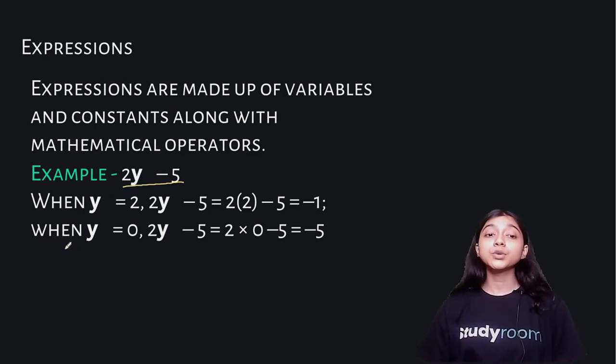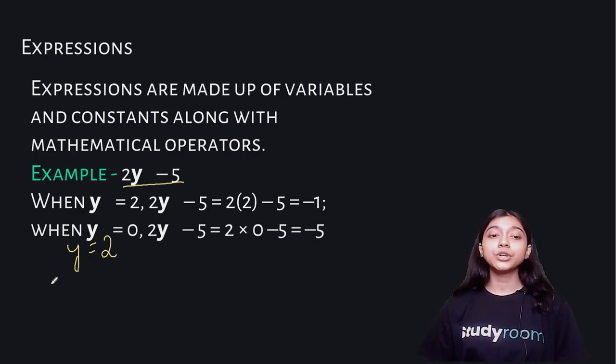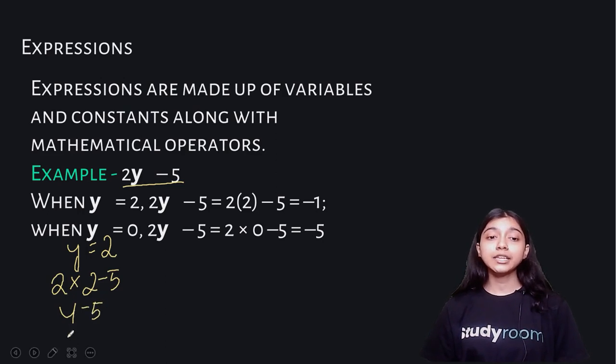The first thing we'll do is put the value of y equal to 2 in the given expression. So when we put y equal to 2, we get 2 multiplied by 2 minus 5. We know that 2 into 2 is 4, minus 5, which ultimately gives us minus 1.